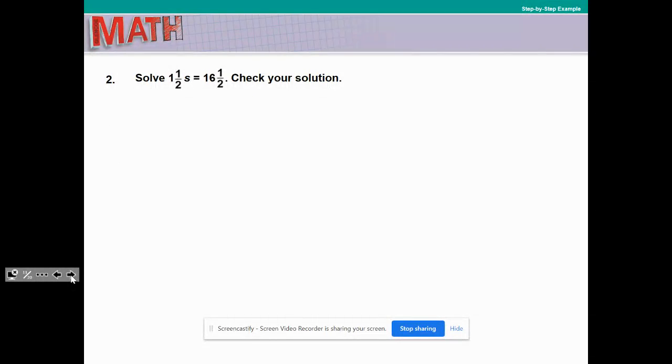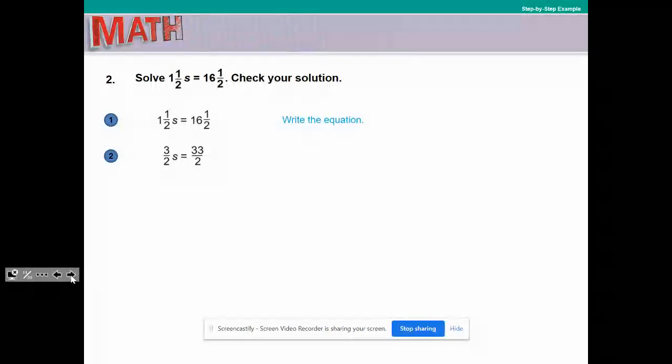I think that we're going to need to go with, what just happened? Is that a new equation? So the same equation written in a new way. Right? What did they do? They just changed those mixed numbers into improper fractions.